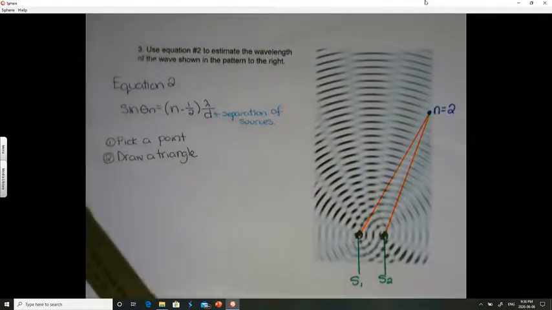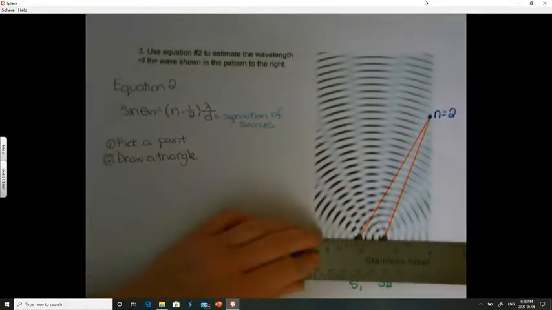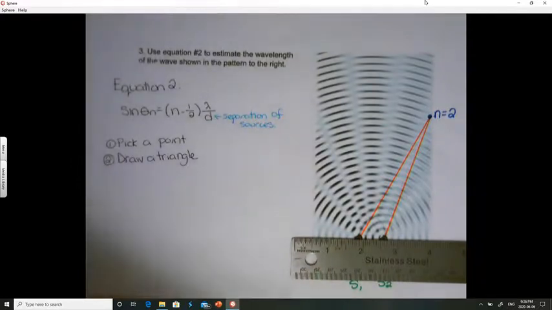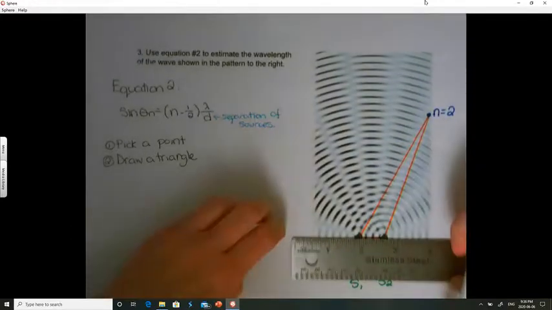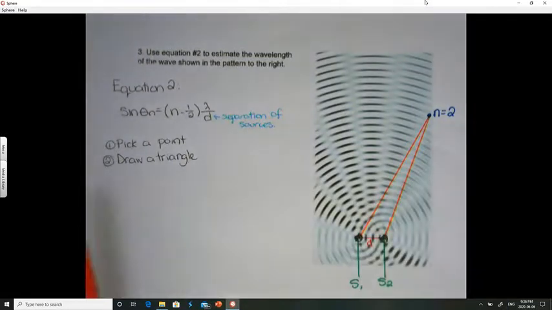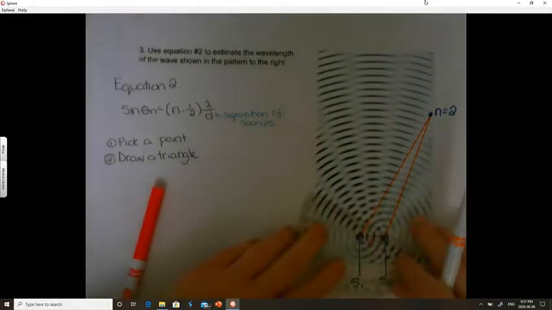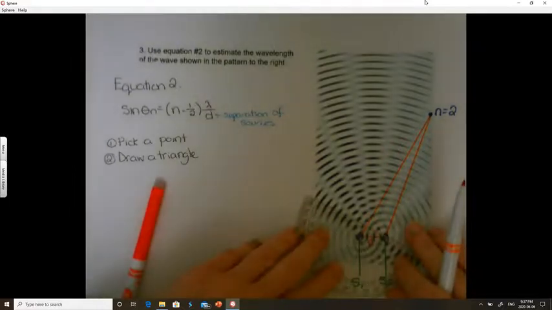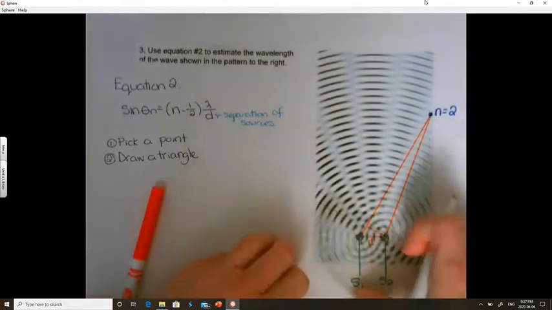But remember, we're looking at what if we couldn't actually make that physical measurement. So what we would have here is a very small triangle, which involves the distance between our two sources. We'll call that d. Remember, we were calling that d before. And then we're going to draw in a triangle such that it creates a right angle with our longer line.